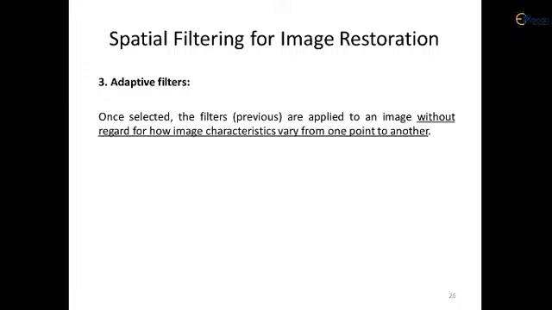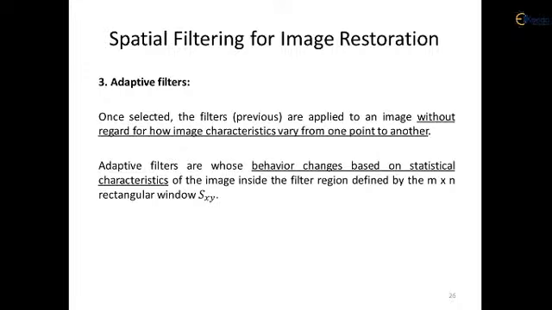The previous types, as we have discussed, are applied to an image without regard to how the image characteristics vary from one point to another. Adaptive filters are those whose behavior changes based on the statistical characterization of the image inside the filter region defined by the m by n dimension, having the rectangular window represented by capital S suffix x comma y.